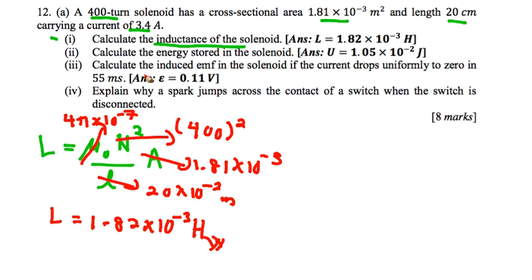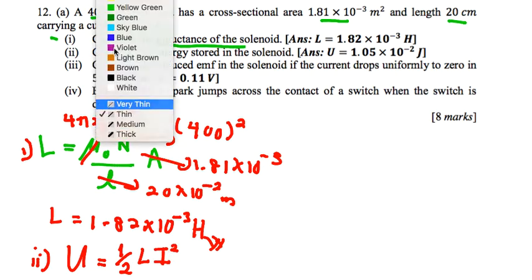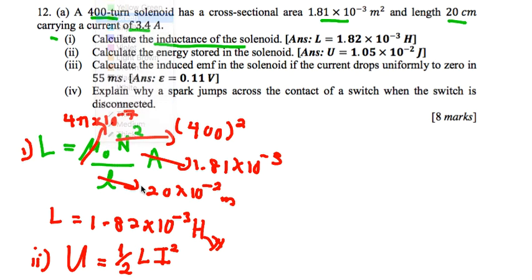And number 2 is energy stored. So for the energy stored in the solenoid, you just use the equation: half L i square. The value of L here is 1.82, and the current flow is 3.4, and this is squared.